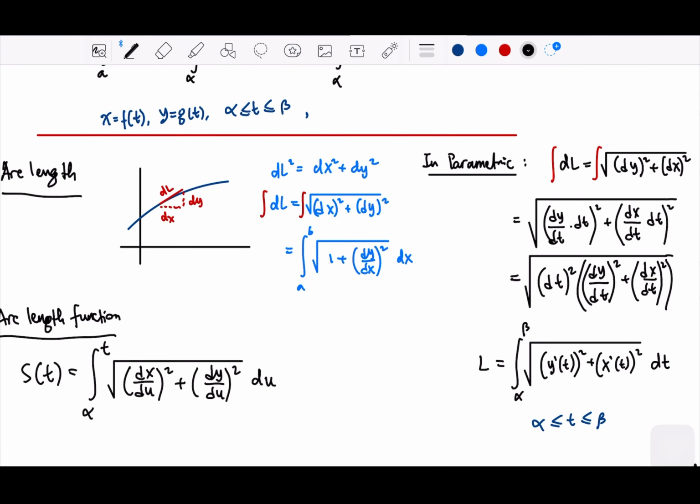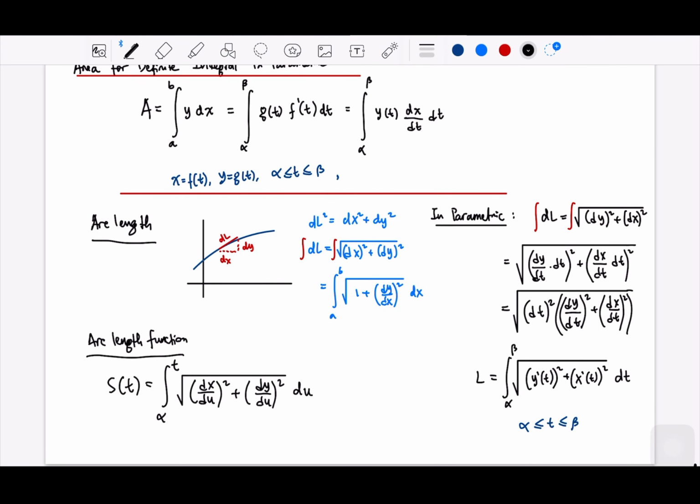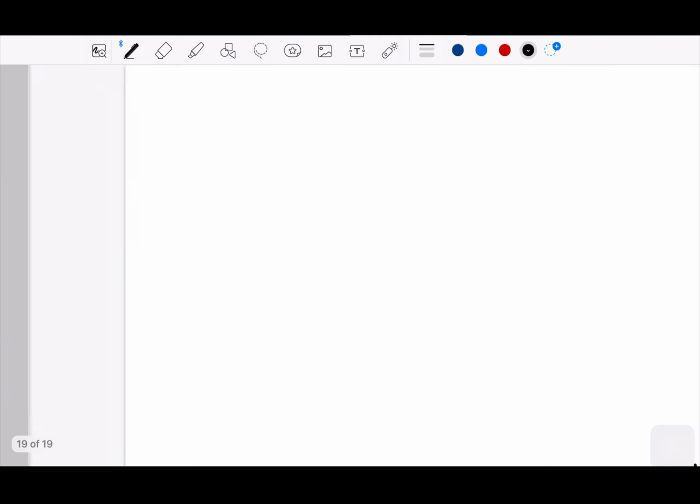Okay, now one more. Arc length functions, and the surface area. Now I think there is one really important note on the surface area.